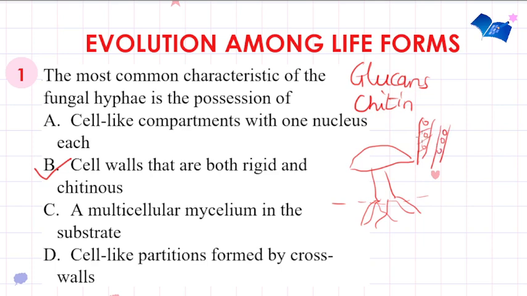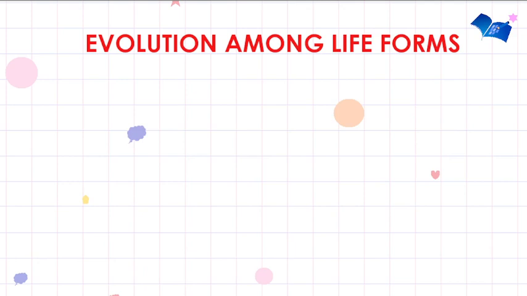When it is partitioned by cross walls, you have what is called septate. When it doesn't have cross walls, you call it aseptate. So you can see that this is not the answer, because not every fungal hyphae has cross walls. So moving on to the next question.